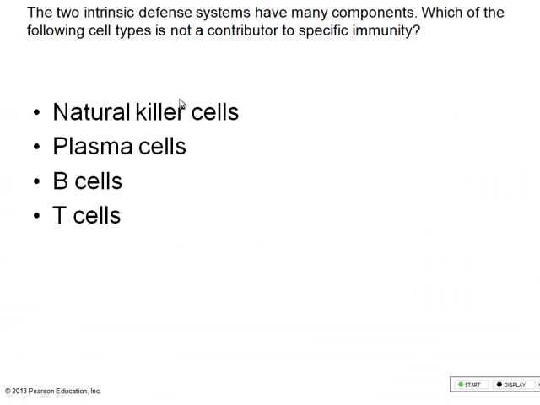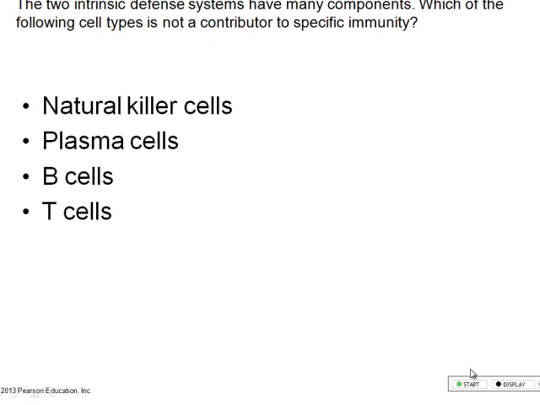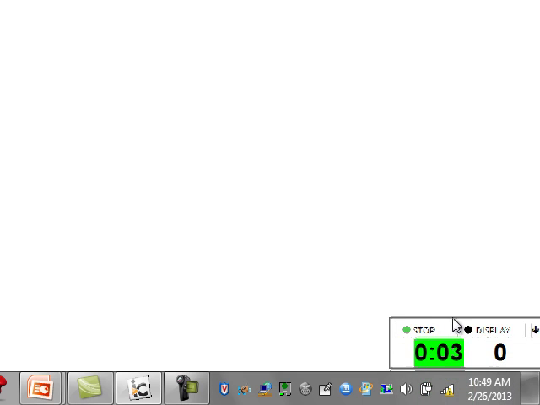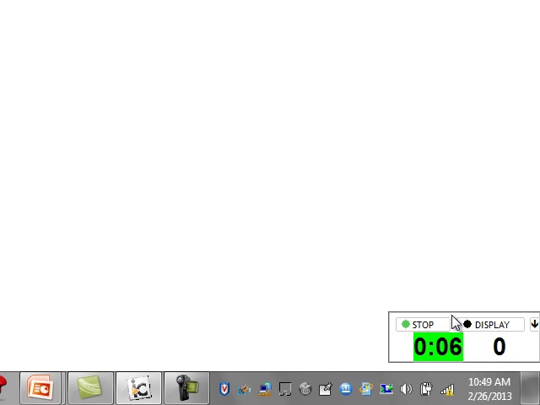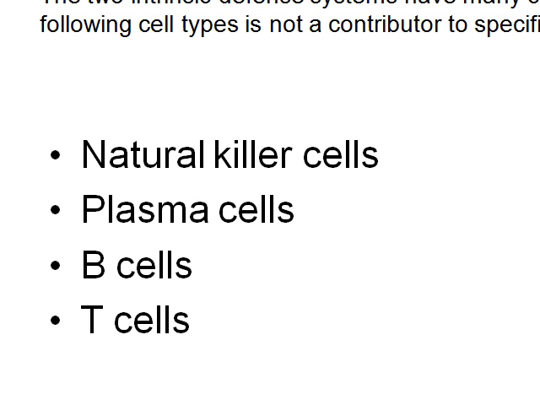All right, so let's take a quick clicker question. Intrinsic, what's intrinsic? Inside the body, right? Defense systems have many components. Which of the following cell types is not a contributor to specific immunity? Specific.